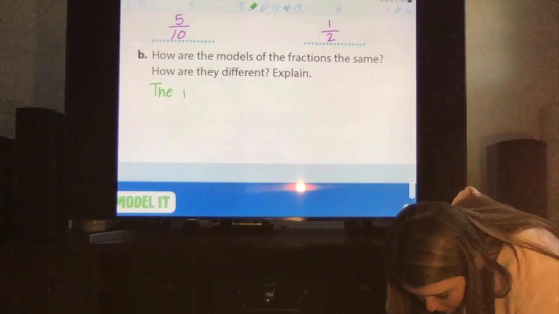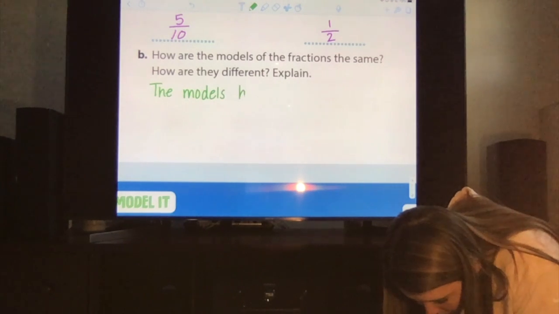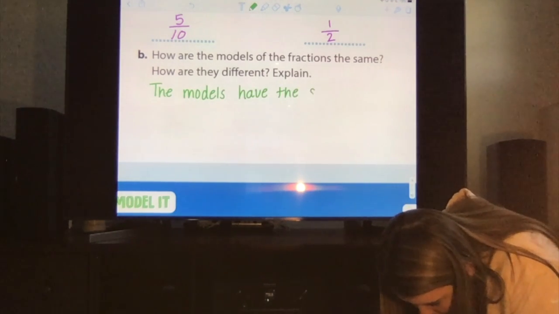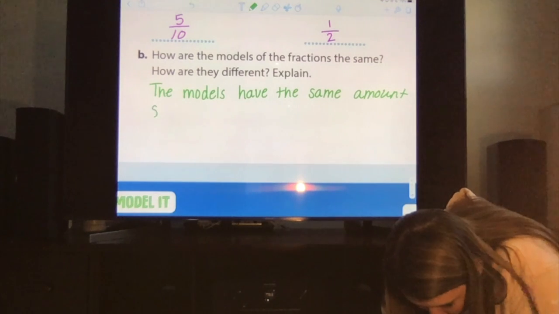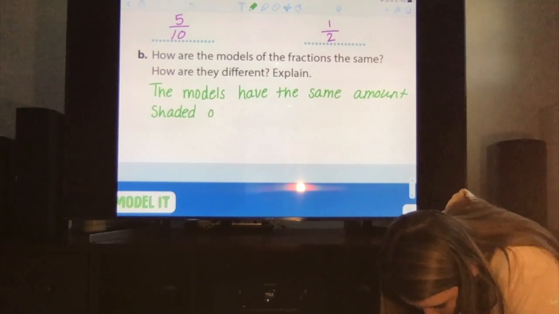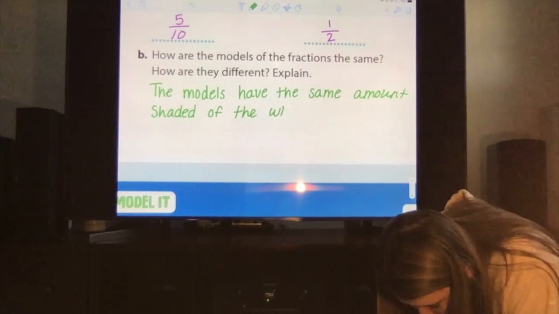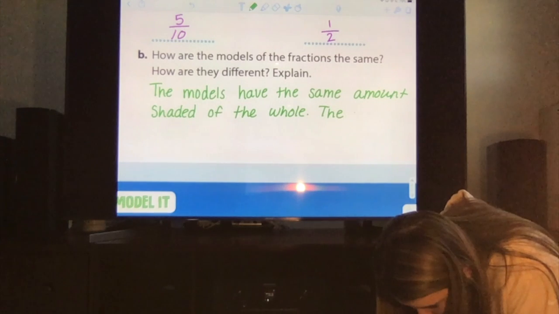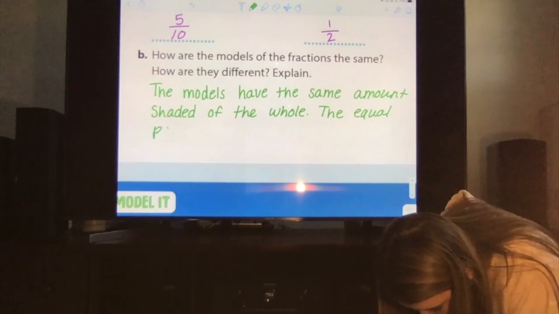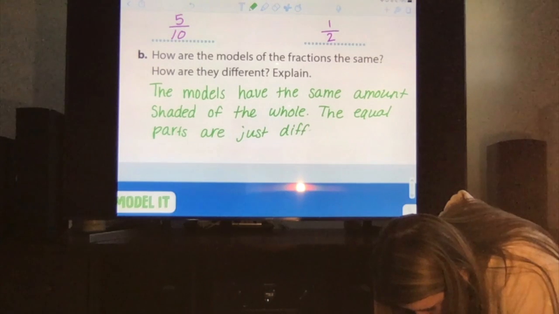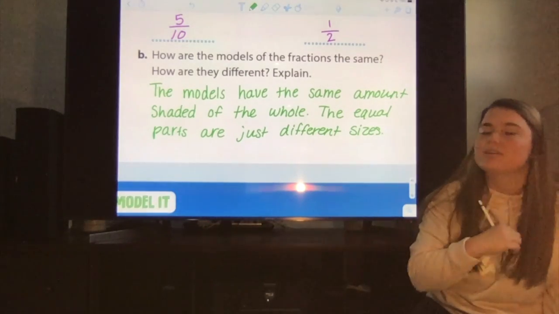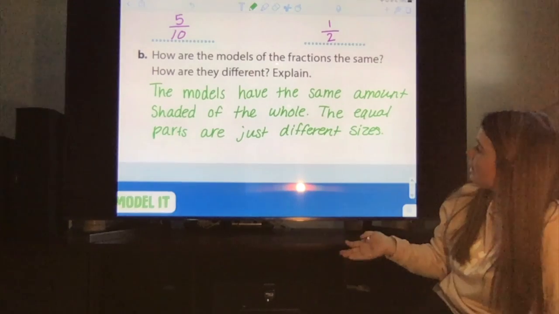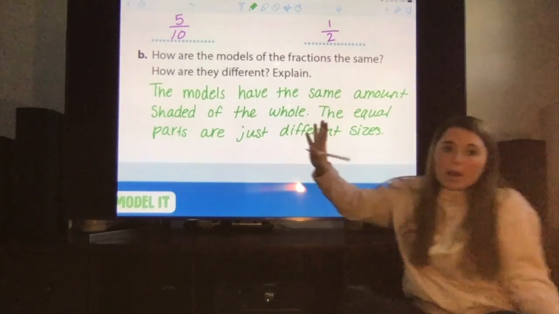The models have the same amount shaded of the whole, the equal parts are just different sizes. Pause it, write this down.